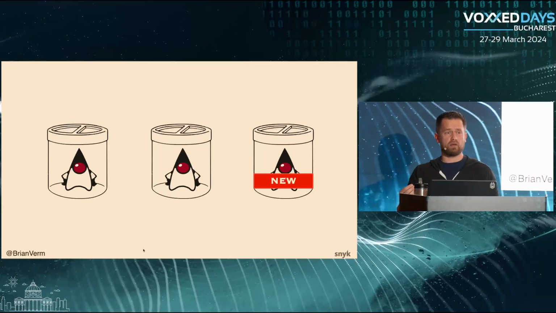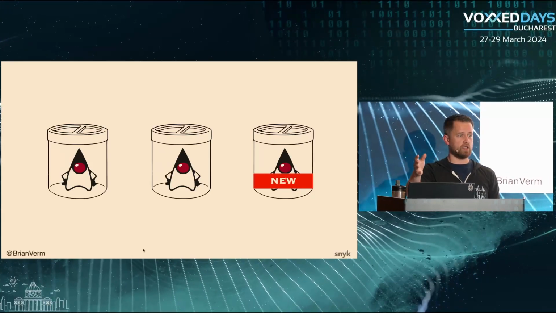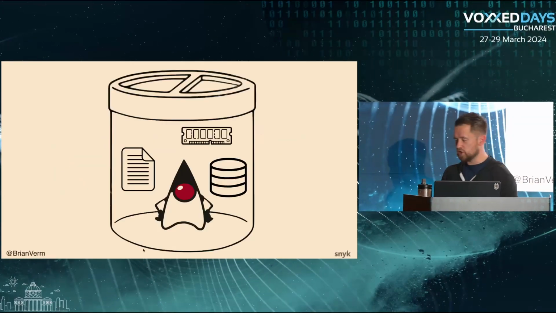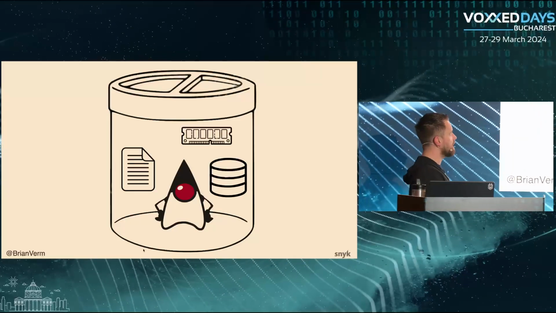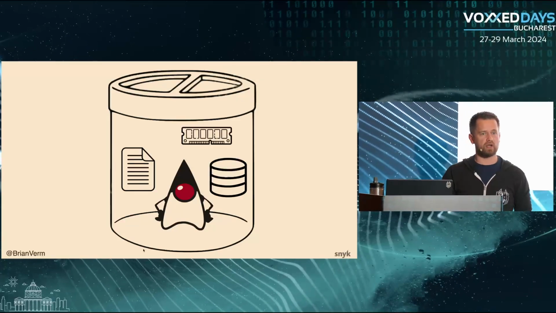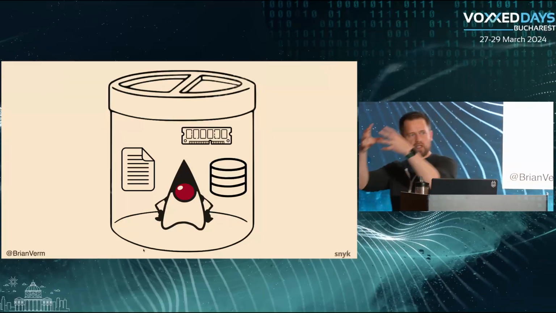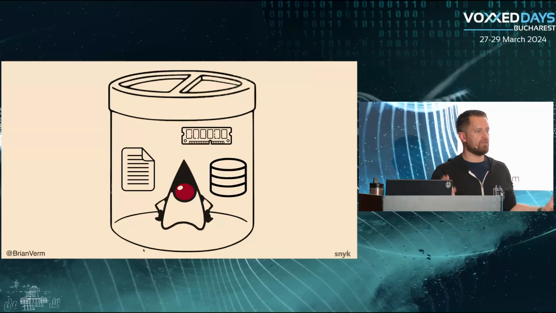A lot of people, and hopefully not you, because you are all developers. Sometimes I talk to managers and they say, well, you can just lift and shift it, right? Sure. But if I lift and shift a monolith, I have a database in there, I have logging in there, and I've got memory things like caches built into that monolith. So just lifting and shifting it does not work, because then I cannot just blow it up, because I'd lose everything.